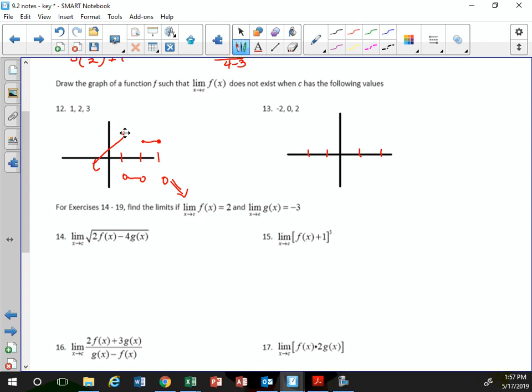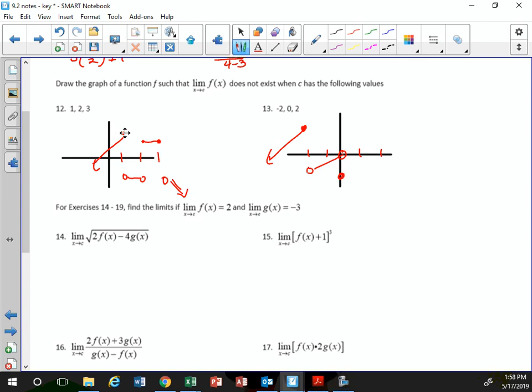Guys, you can make it prettier. You can make it curves if you'd rather. Like maybe, so this can't exist at -2. But it can be basic though, right? Mm-hmm.